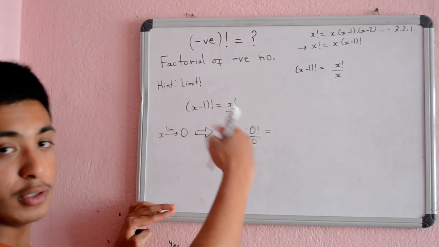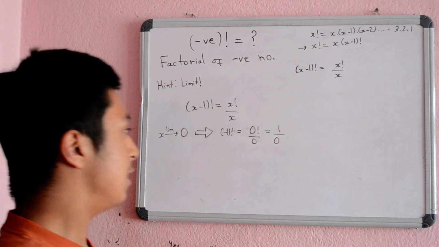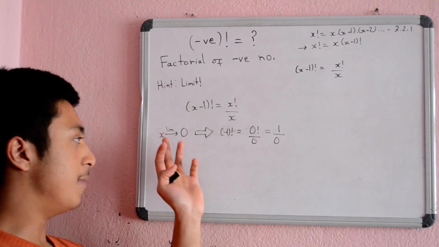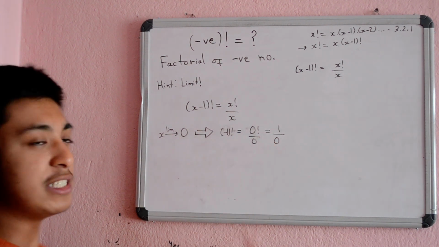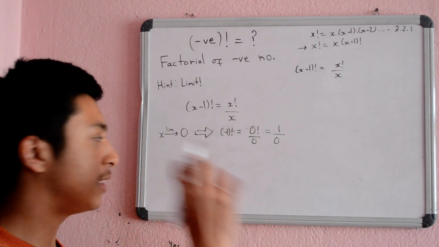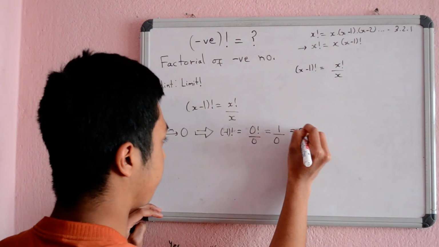And we know 0 factorial is 1, so I'll have 1 by 0. And this is why we needed to take the limit, because here x approaches 0. It is not exactly 0, but approaches 0. That means 1 by 0 here is in fact infinity.